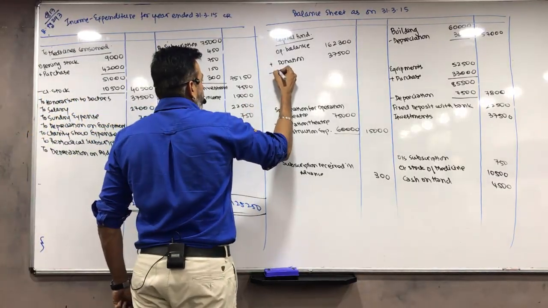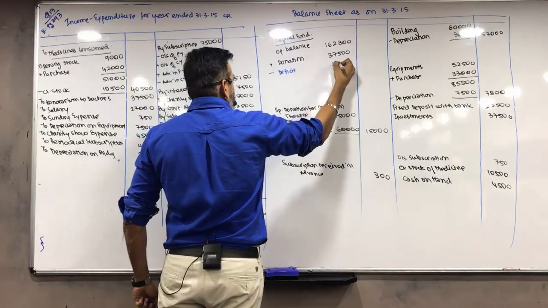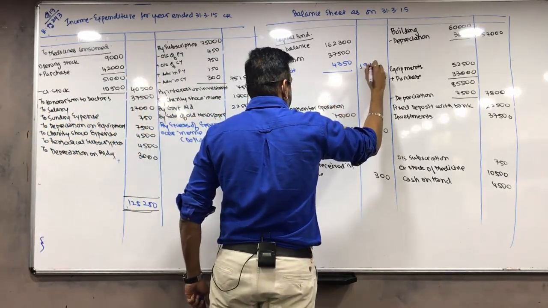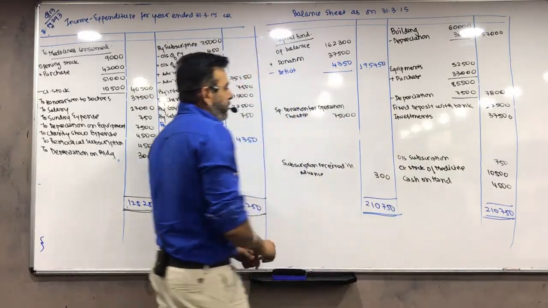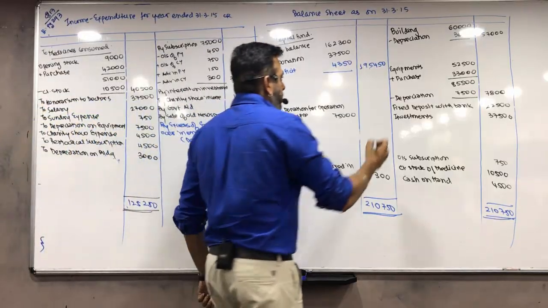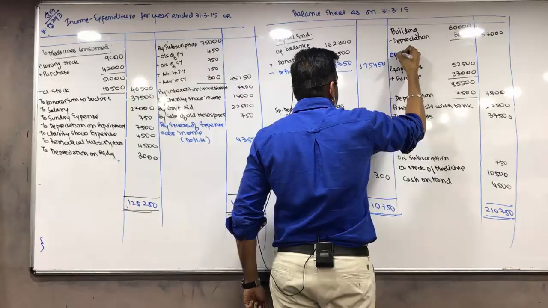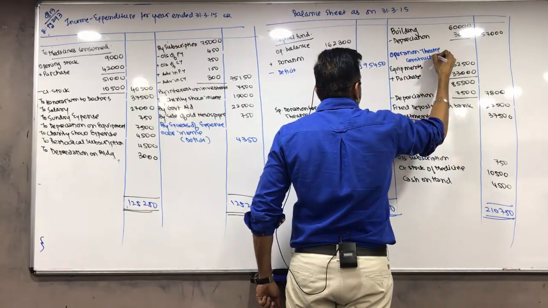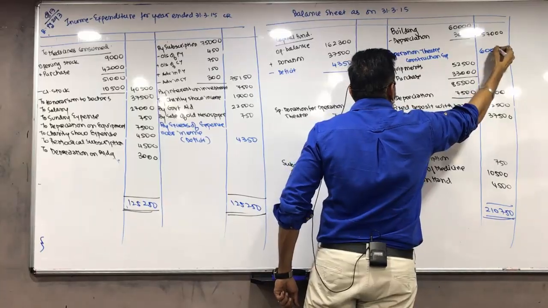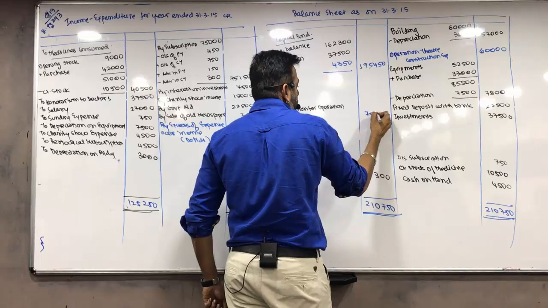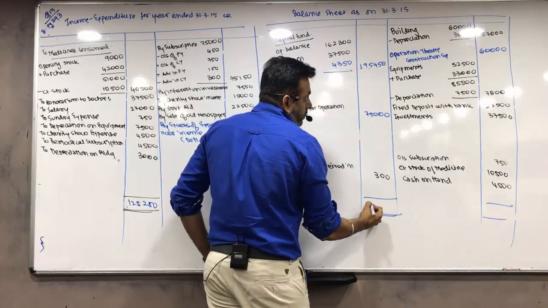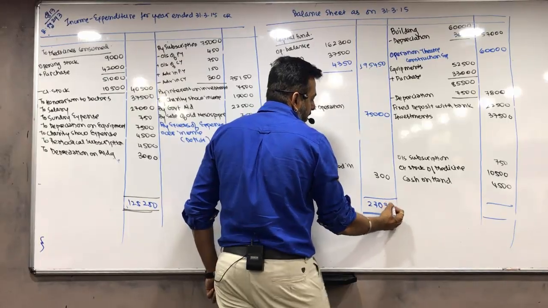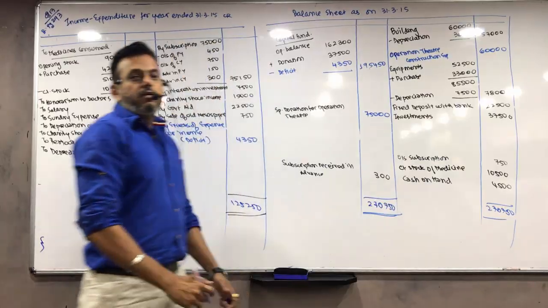Subtract, minus deficit, 195,450. Special donation for Operation Theatre 75,000, and here we will write Operation Theatre construction expense 60,000, and here it will be 75,000. 2 lakh 77,075. You may change it.